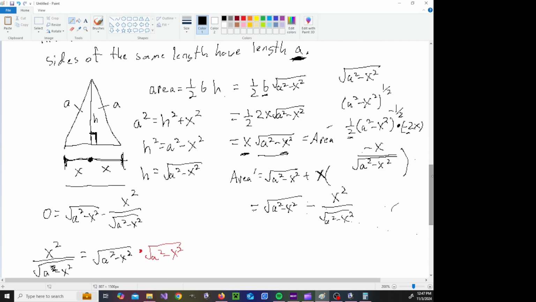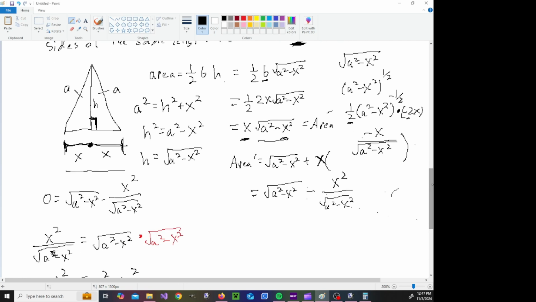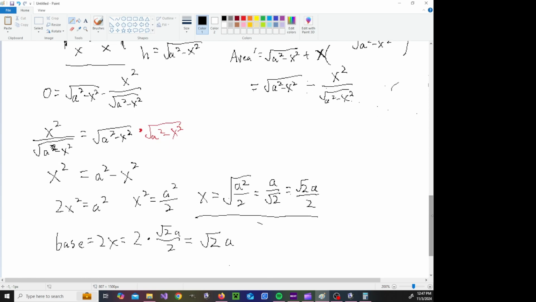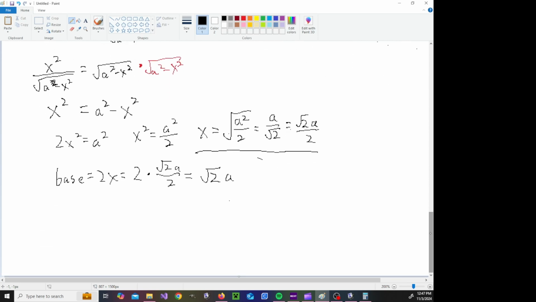Well, can we figure out what that area actually is? Only leaving it in terms of a, right? We said this is 1/2 the base, which is root 2a, times the height, which we said is the square root of a squared minus x squared. Well, that's root 2 a squared.